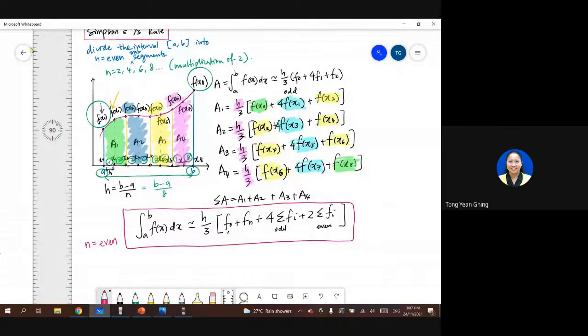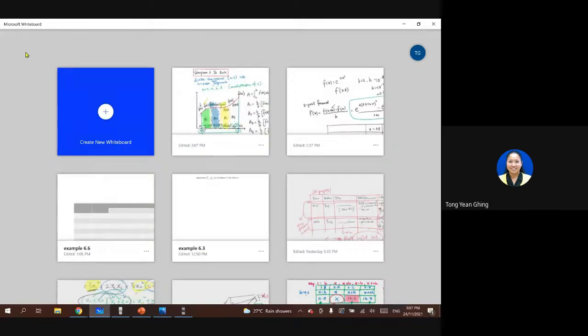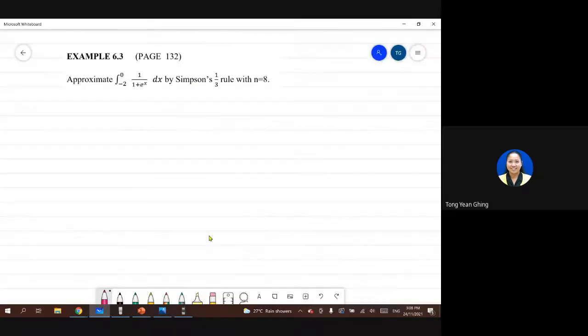Okay, now we go to the example. Okay, let's see. Example 6.3 in the book's numerical method, page 132. Okay, so it's asked we to approximate this function 1 over 1 plus e to the power of x.